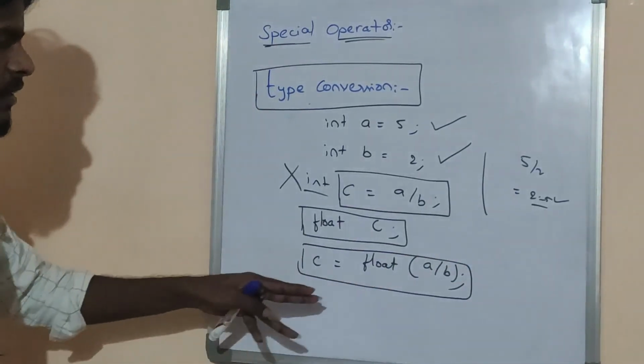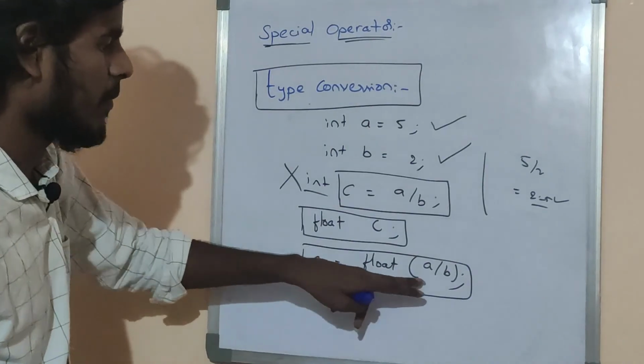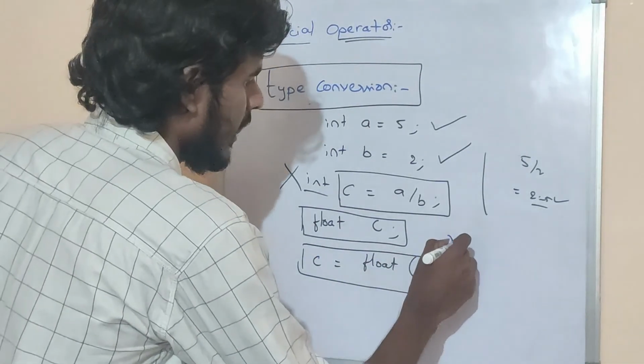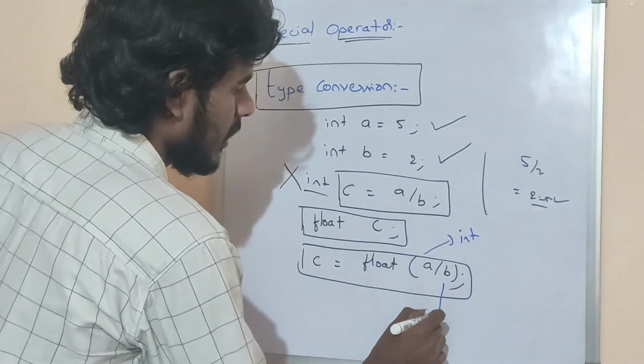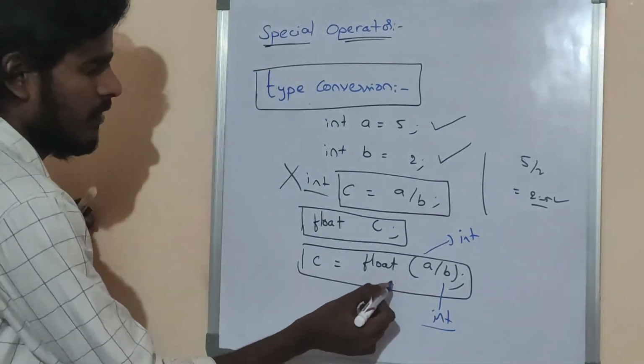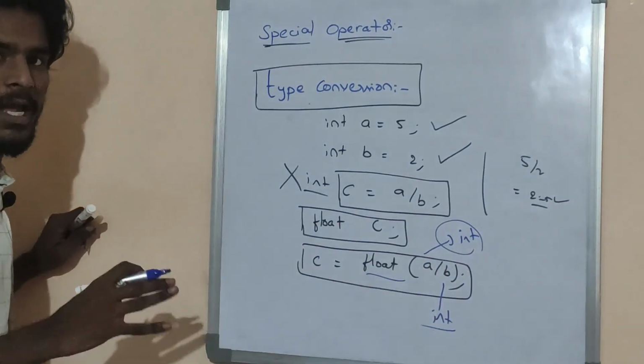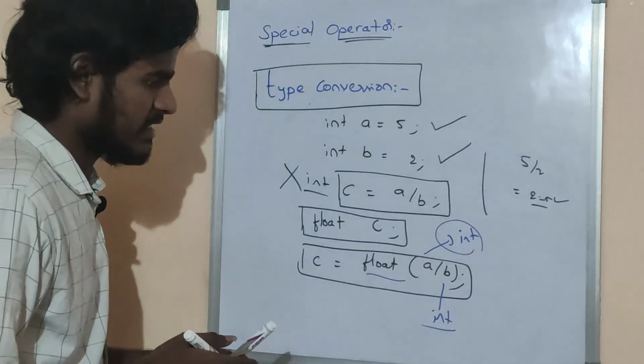This is the format: c is equal to float of a by b. Here a is int type, b is int type, but we convert int type into float type. This is the type conversion.